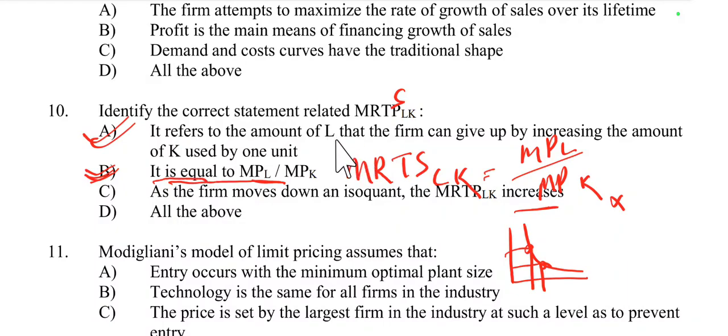So options A and B are correct, but option C is incorrect. So all of the above is also incorrect. I think there was another option like both A and B given; if so, it should be right. So here A and B both are right.